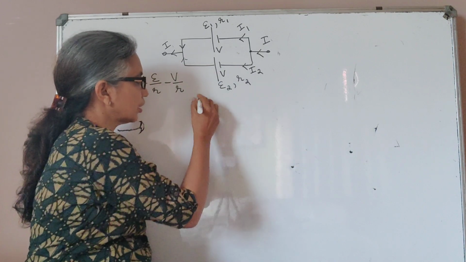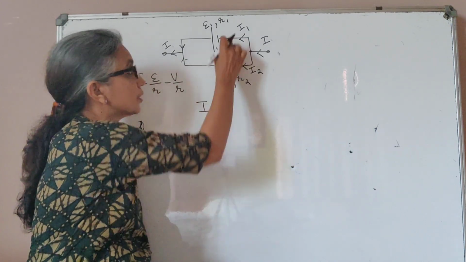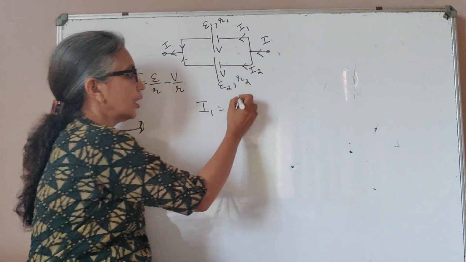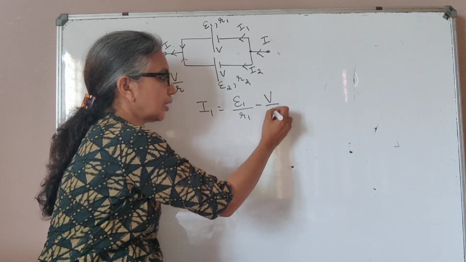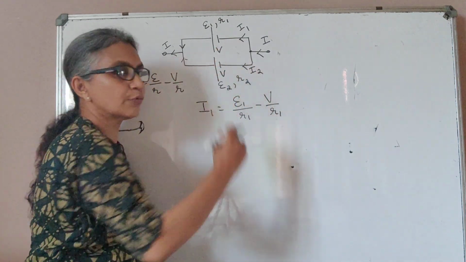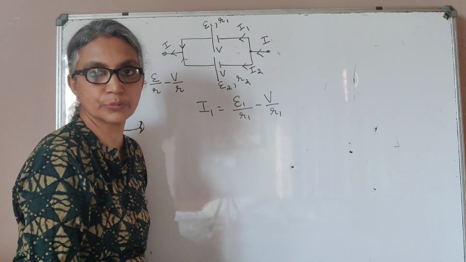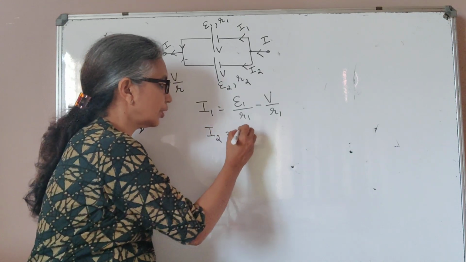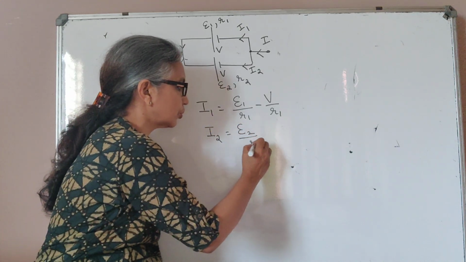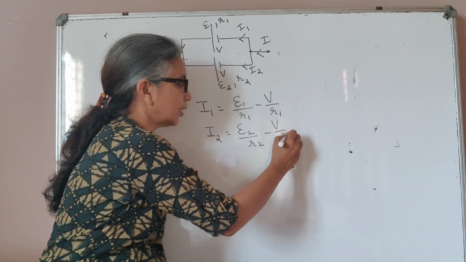Now let me write down the expression for current in the first cell. Using this expression, it is E1 by R1 minus V by R1. Since V is the same for both the cells, I don't have to denote it with V1 and V2. Similarly, current in the second cell will be E2 by R2 minus V by R2.